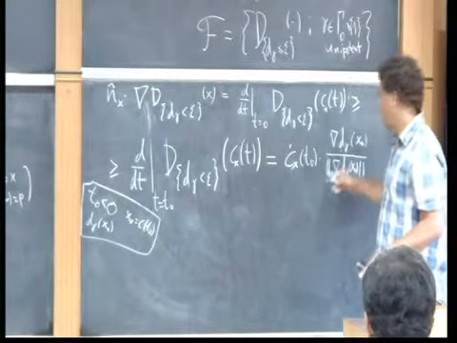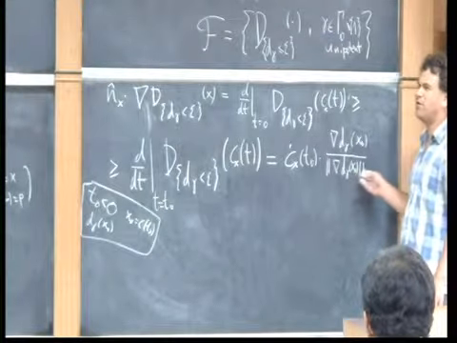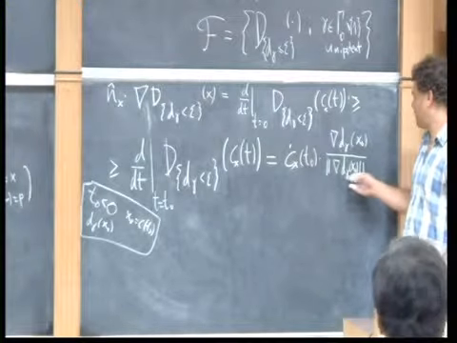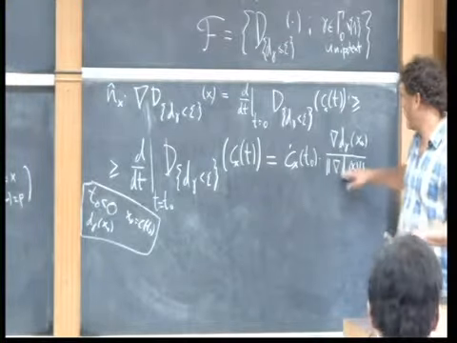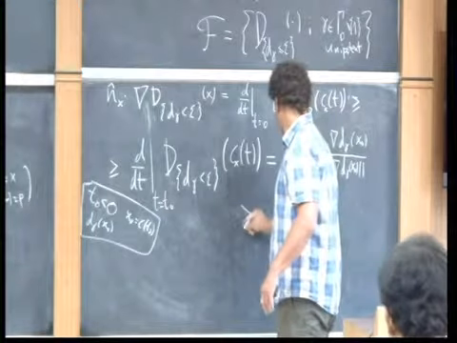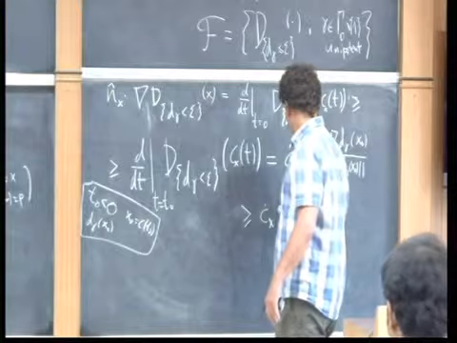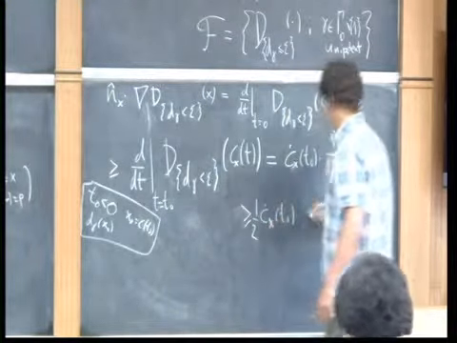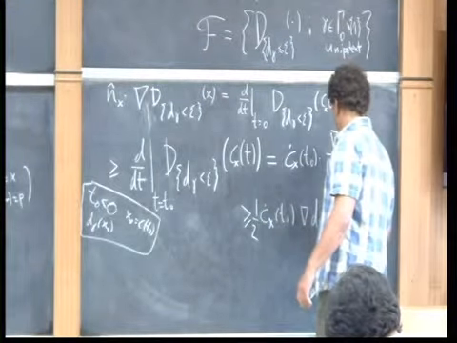And now I'm using the fact that the gradient of the displacement function is 2-Lipschitz. So this norm is at most 2. So this is at least Cx dot at t0 times 1/2 gradient d gamma at x naught.